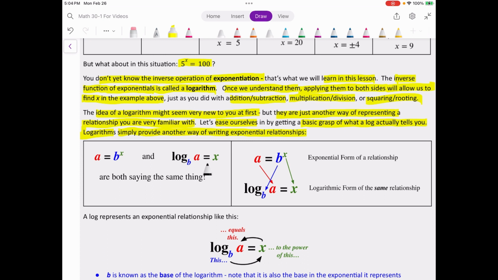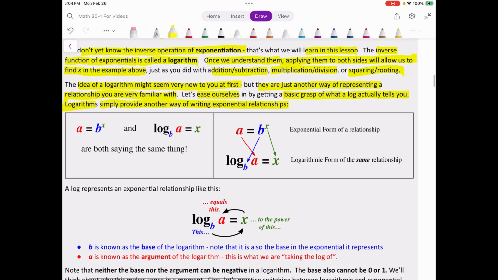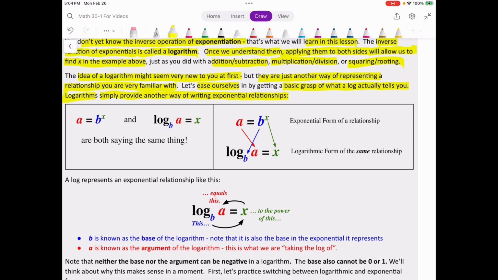You might be saying, come on, why do we need another way? It's just getting confusing now, 2 ways to say the same thing. I promise as we go, you'll start to see, oh yeah, this is handy because now I can move that x out of an exponent if I need to solve for it. Okay, that's why these are powerful, right? You can see there, x is out of the exponent if we start thinking about it this way, and that can be very handy.